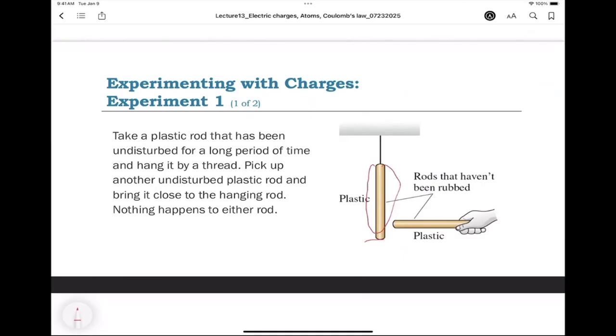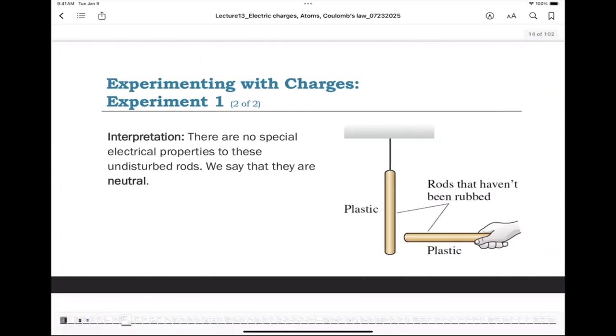You can see if you hang a rod by a thread and let it stay still, and then you hold the other one and bring the two close to each other, nothing will happen to either rod. Why?